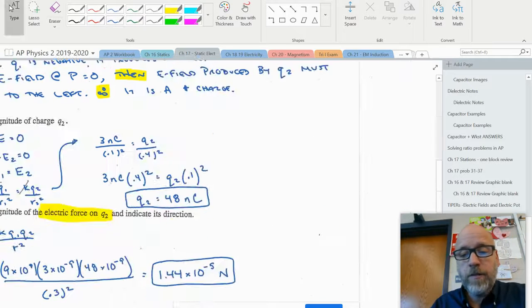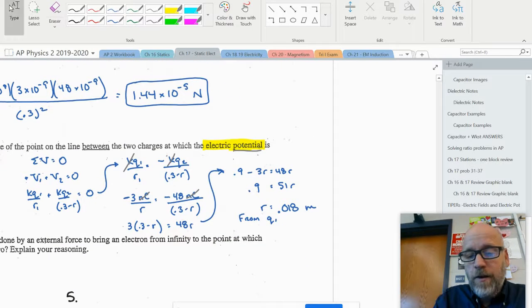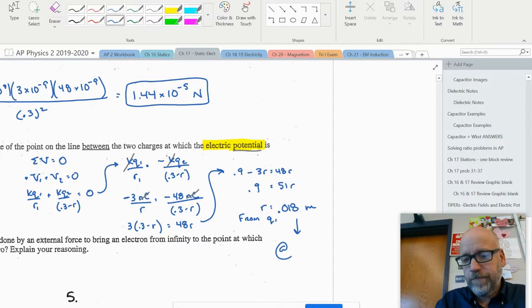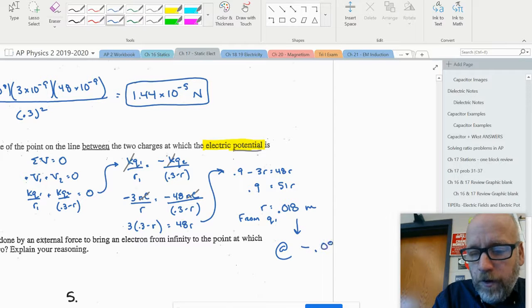So it appears to me that the point is at negative 0.1 plus that. I got negative 0.082 meters.